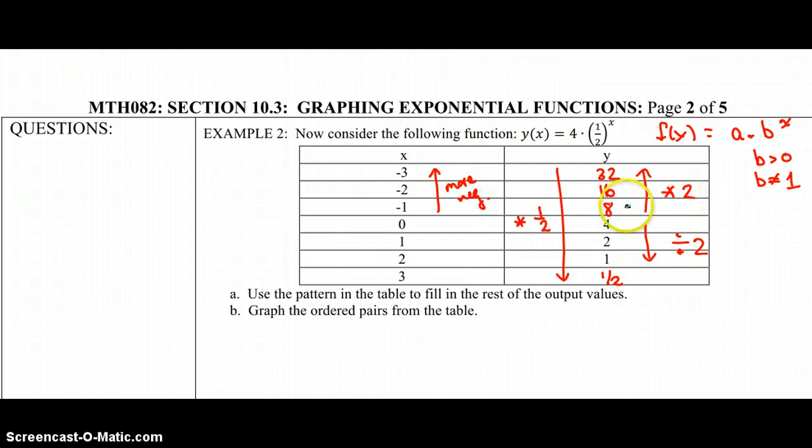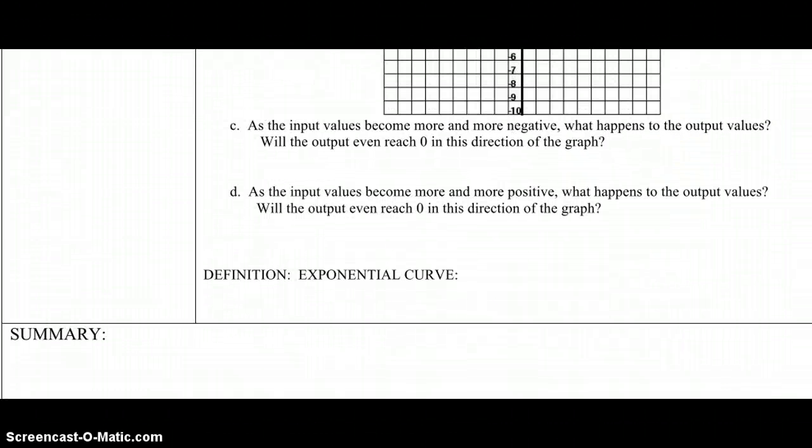And if we look at what's happening to our outputs, they keep doubling. So what happens to the output values? They keep doubling. And so again, if we keep doubling the number, are we ever going to reach 0? And the answer is no.